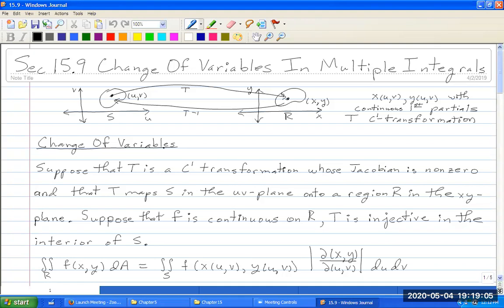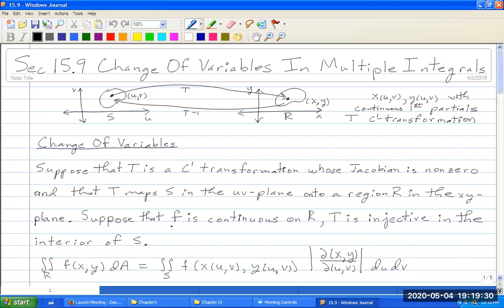So, change of variables. Suppose T is a C1 transformation whose Jacobian is non-zero, so we can have some invertibility. And that T maps S in the UV plane onto a region R in the XY plane.